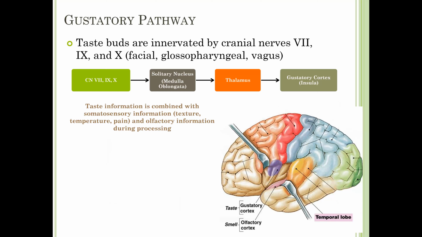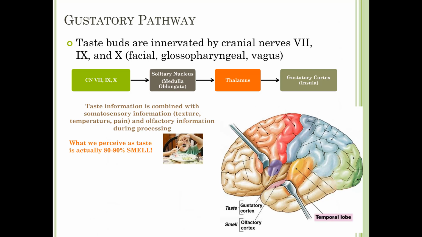I also want to point out that when you eat hot peppers, like anything that has cayenne pepper or spicy chili peppers in it, the capsaicin in those dishes is activating pain receptors on your tongue. Some people like that sensation and some people don't. Anyway, your overall perception of taste is a combination of what's coming from the gustatory cells plus the somatosensory information plus the olfactory information.